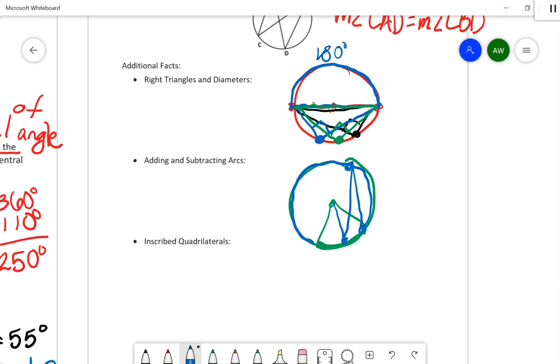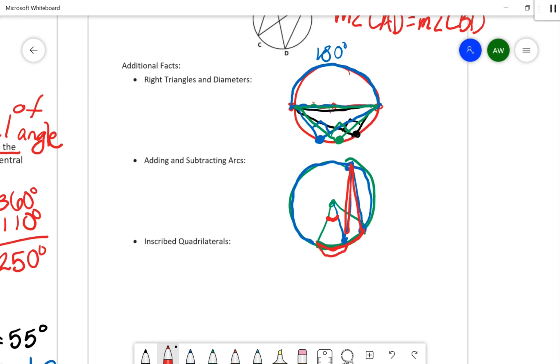If I were given the measure of this arc and the measure of this central angle, then I could figure out this inscribed angle by first subtracting and then figuring it out.